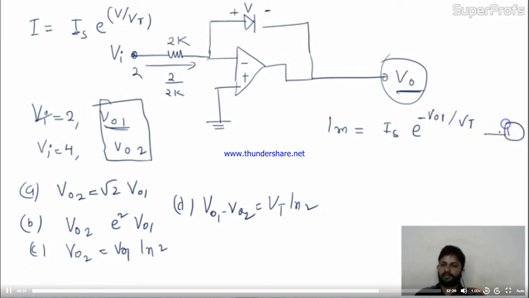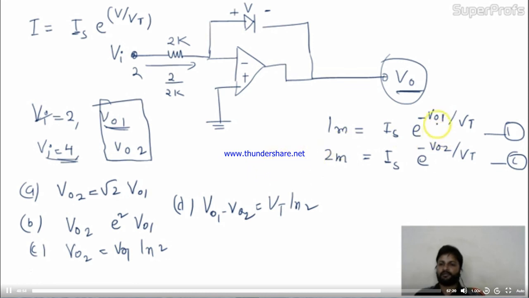This is equation 1. Equation 2 is when Vi equal to 4. In this case the current will be 2 milli, everything else is the same, equal to Is e to the power minus V02 divided by Vt. This is equation number 2.